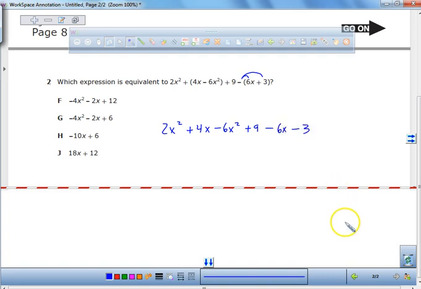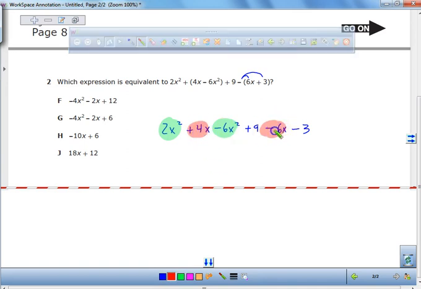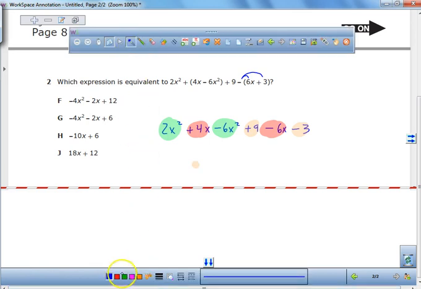What I'm going to do right now, I'm going to highlight everything that is considered to be a like term. 2x squared can be added to negative 6x squared. 6 x's can be subtracted from 4 x's. And then finally, here at the end, we have a 9 minus a 3. So go ahead and add those like terms together, see what you come up with. Alright, so let's start with our x squared. I have 2x squared, that's positive.